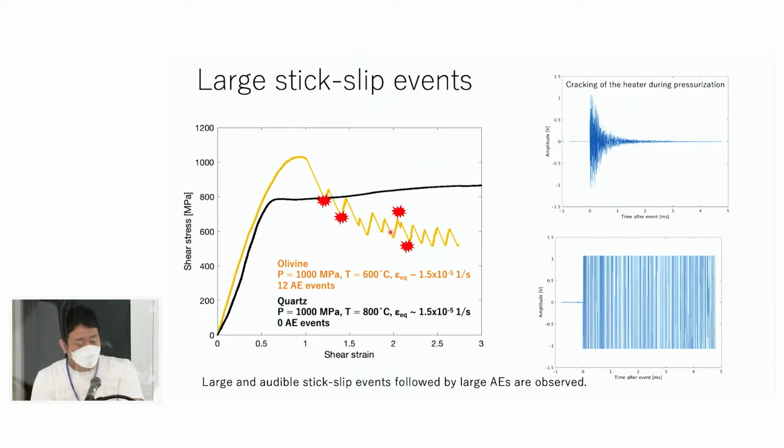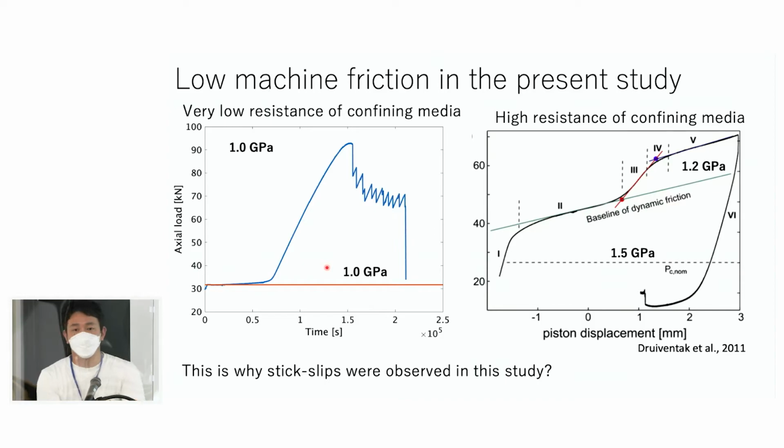Very few experimental results like this have been reported previously. The reason we observed these continuous stick-slip behaviors is that we improved the friction, or error, or internal friction of the apparatus.